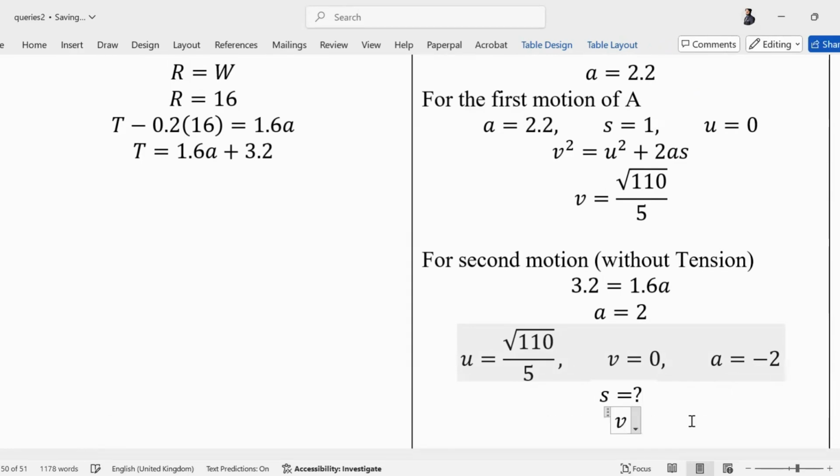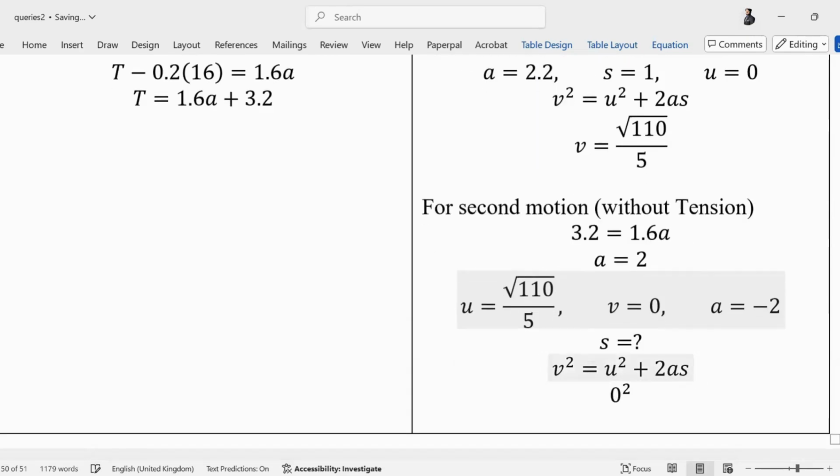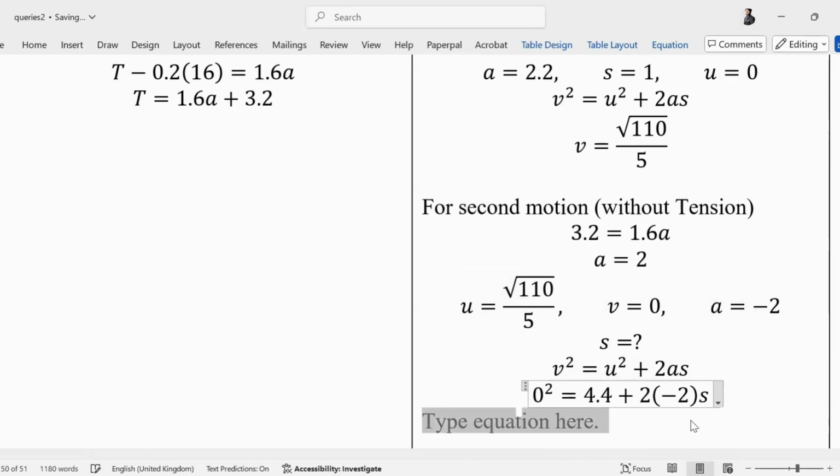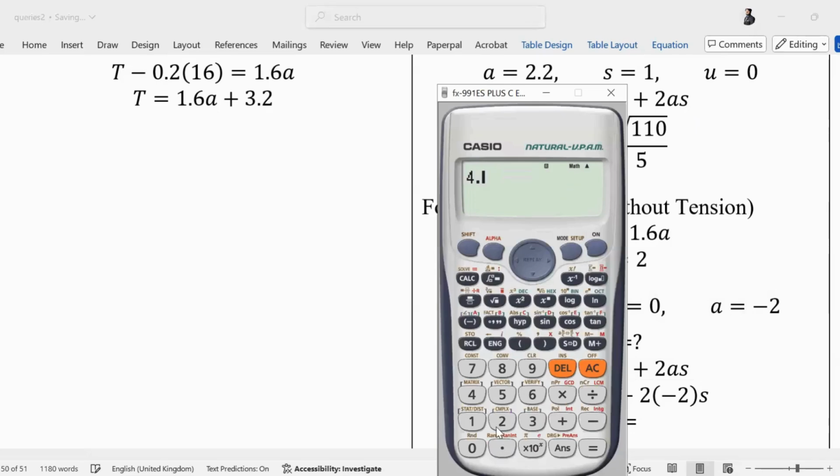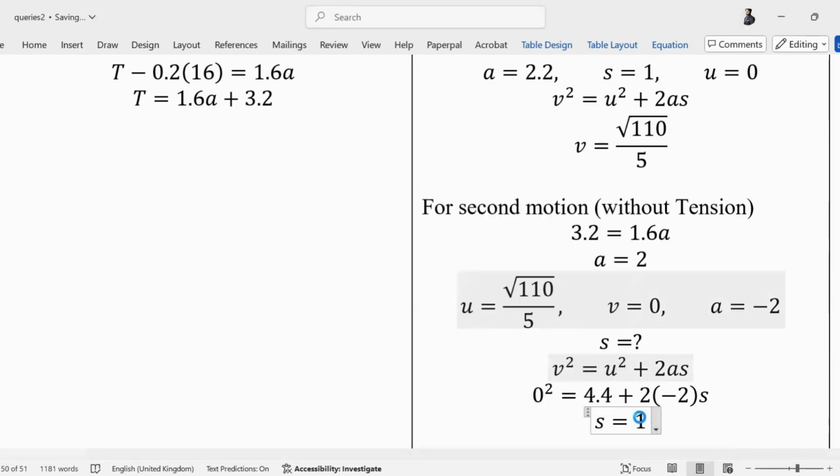So v square is equal to u square plus 2as. v is 0, and instead of u square I directly put 4.4, plus 2 into a, which is -2, into s. So what is the value of s? 1.1.